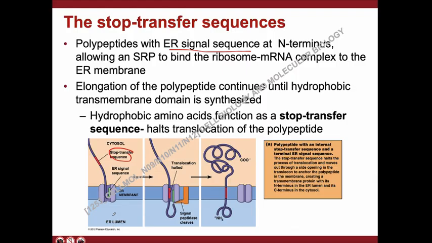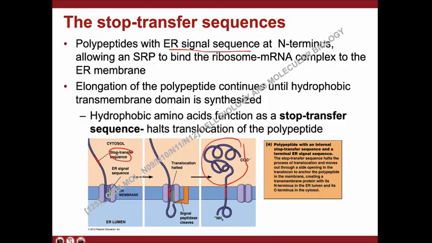through the ER membrane. So as your translocation then continues, the rest of the polypeptide now will stay on the ER membrane. So basically, for example, this is our ER signal sequence. So it will elongate, elongate, but once our stop transfer sequence is encountered, it will bind to our channel.